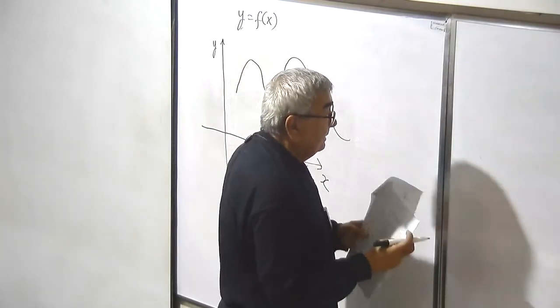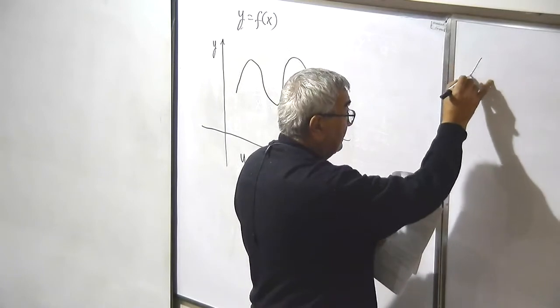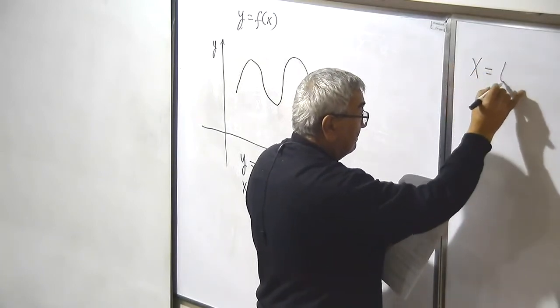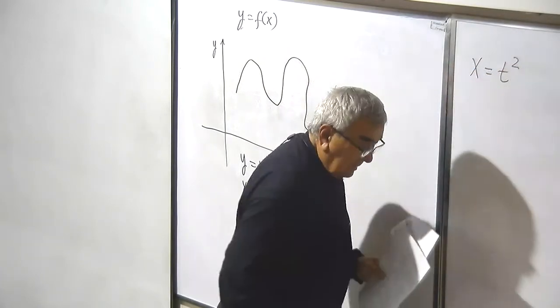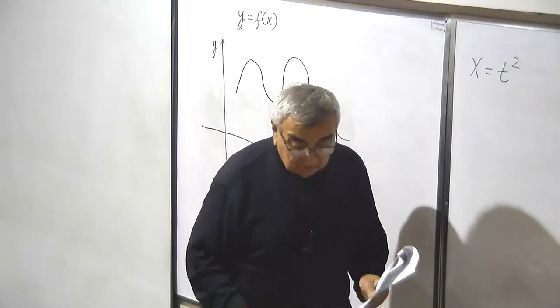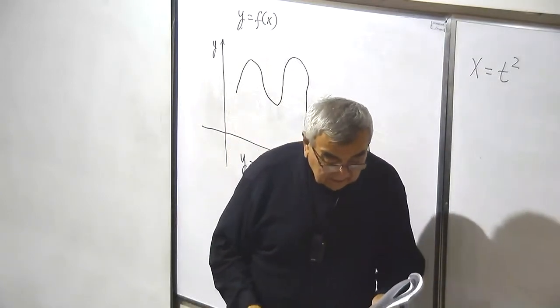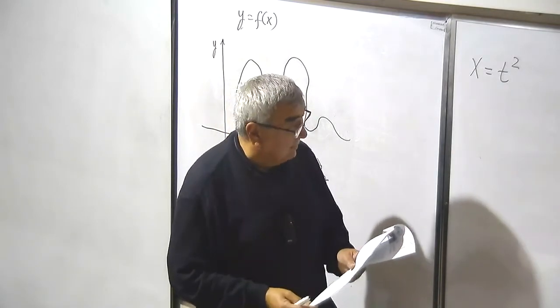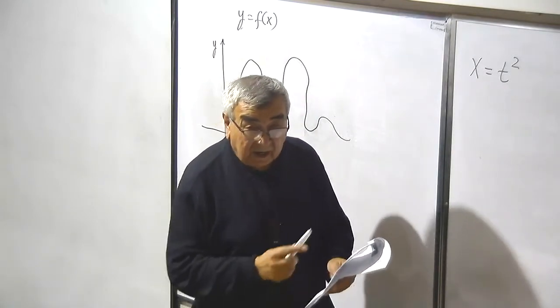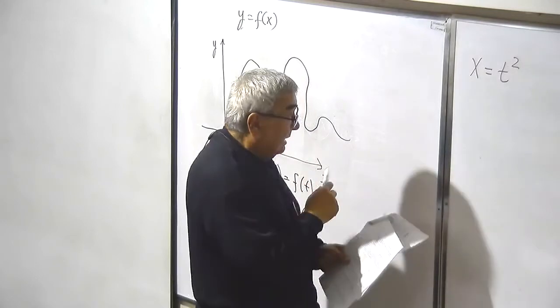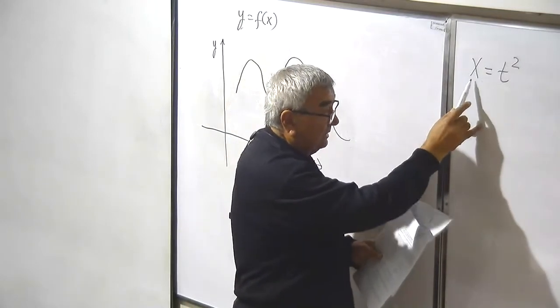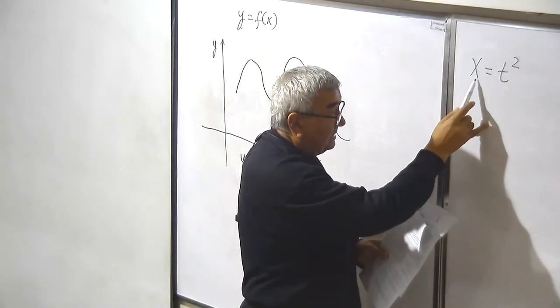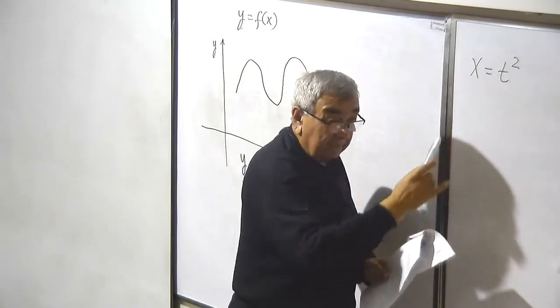Here x depends on t squared. Sometimes when you read the chapter on the parametric representation of a function, you may be confused, because now I take t and write the x coordinate equal to t squared.